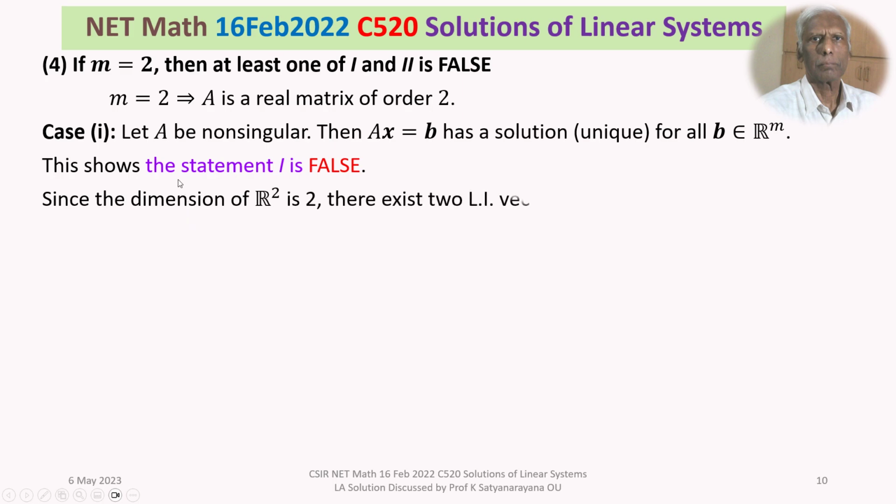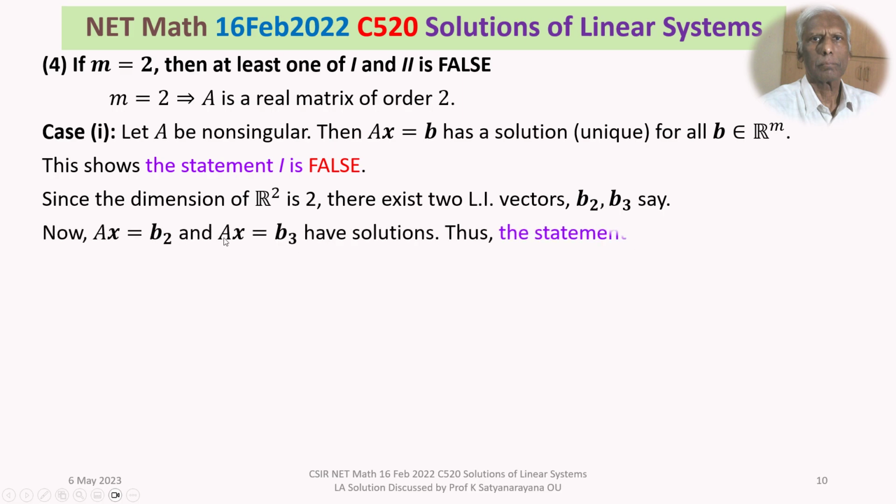Since m is equal to 2, we are talking about R square, and the dimension of R square is 2. There exist two linearly independent vectors b2, b3. Now Ax is equal to b2 and Ax is equal to b3 have solutions. Yes, we are in case 1: A is non-singular. Ax is equal to b2 has a unique solution, x is equal to A inverse b2.